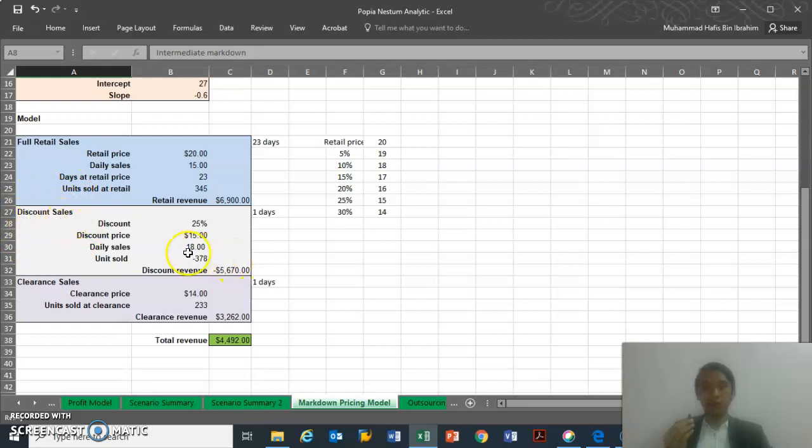My discount revenue is negative, so I have to change my discount rate. Which discount rate is the best for me?